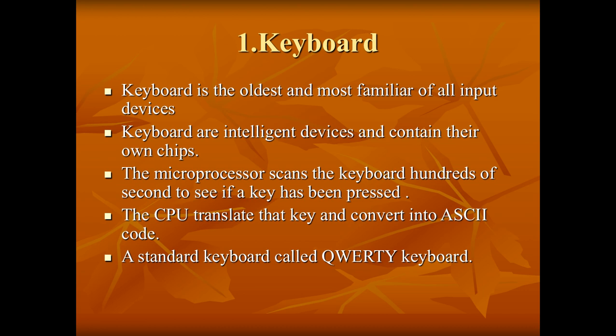Now the CPU, Central Processing Unit, translates the key and converts it into the ASCII code, American Standard Code for Information Interchange. The standard keyboard is QWERTY. We will discuss ASCII later on in the next chapter.